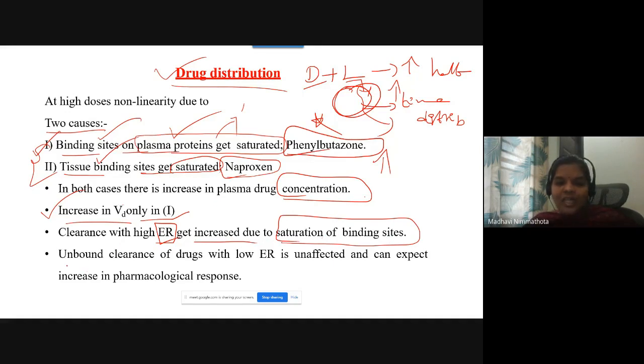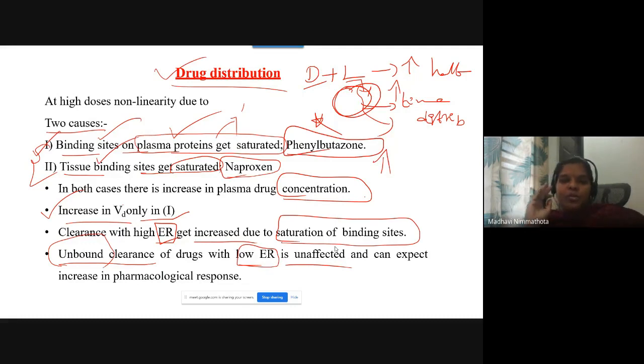And only the unbound drugs, that is, free from binding. This unbound clearance of drugs which exhibit a low extraction ratio may be unaffected by this nonlinearity and they will show their pharmacological response.